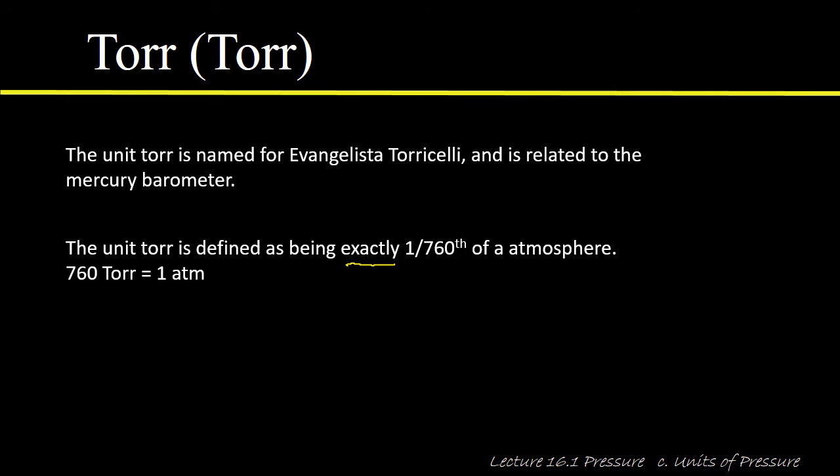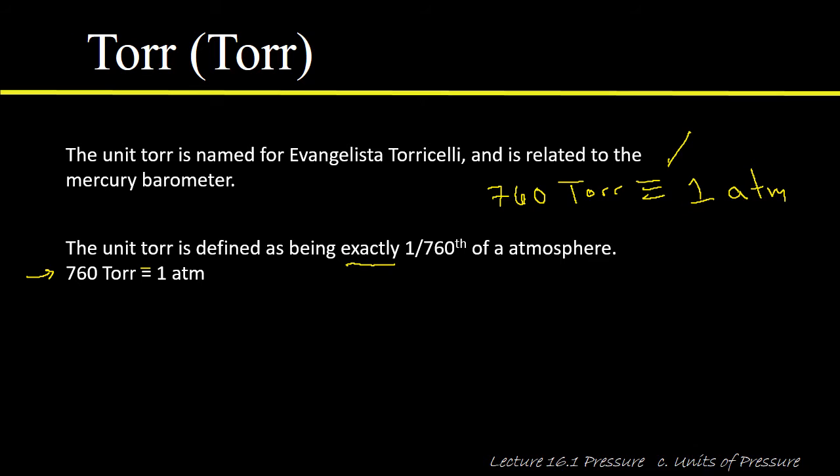If you look over here, we have this equation. We sometimes write this with a triple equal sign. So we might sometimes write it this way: 760 torr is equal to 1 atmosphere.